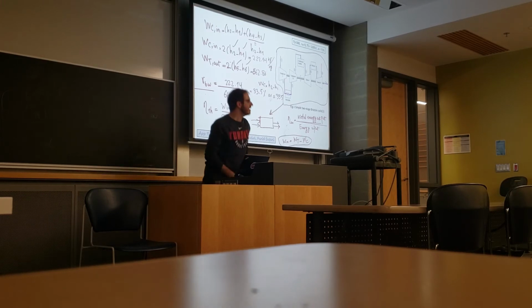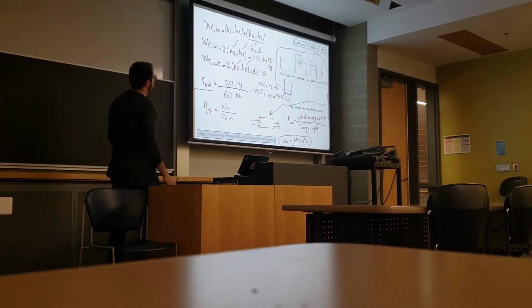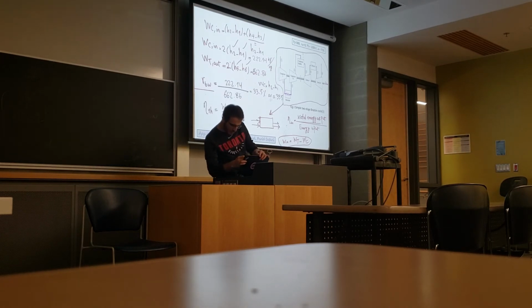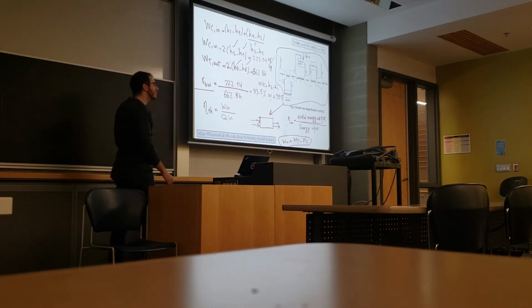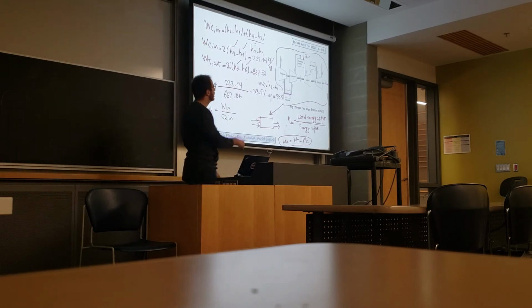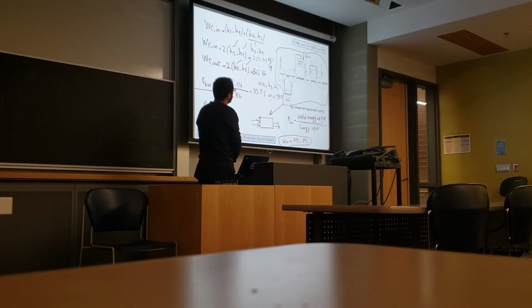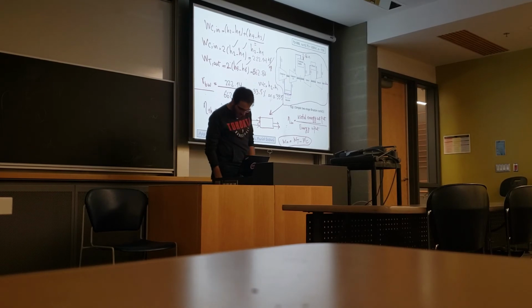And where is the input of the cycle? So we have a combustion chamber. As I told you, we have a Qin. So that input, which comes from fuel, usually it's natural gas, is given to the system. And also a reheater, which also burns some fuel. So here we have reheater and Qin.